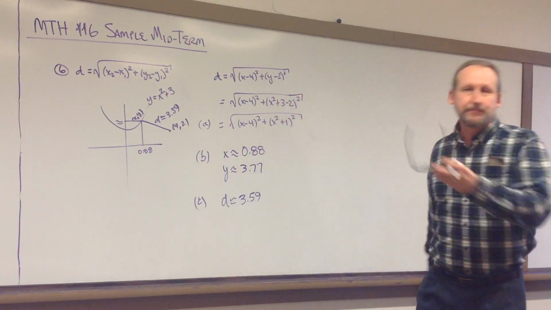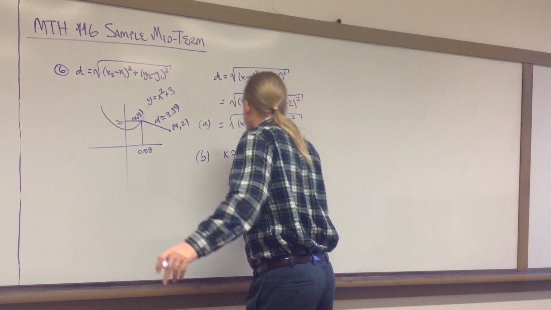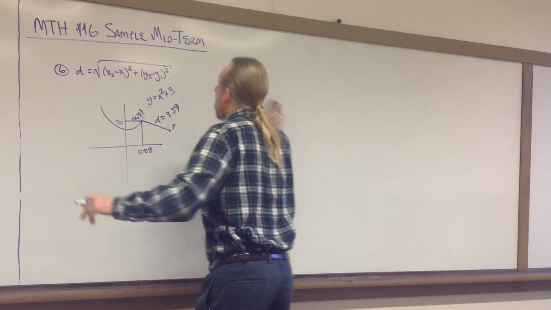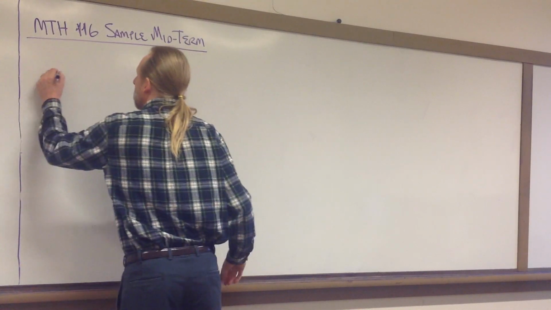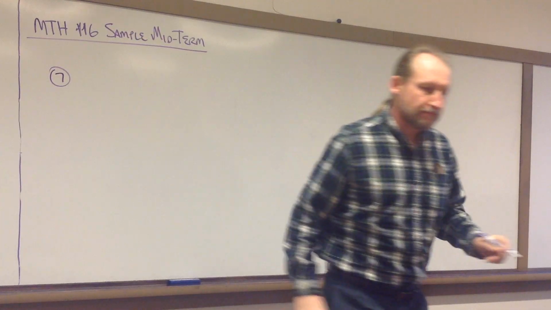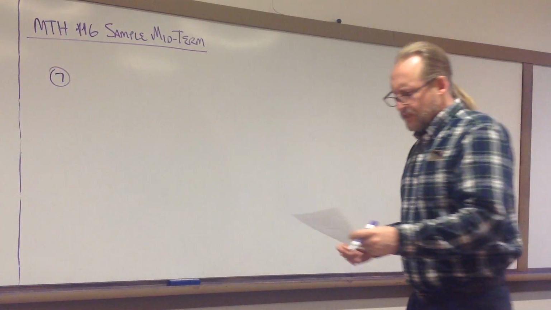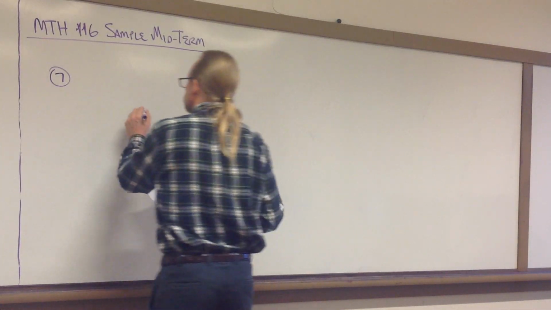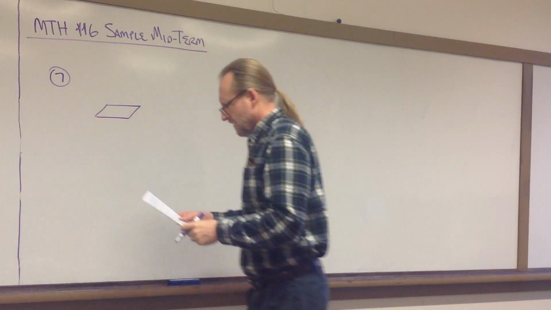I'm going to erase this because it's on the video. You can just back it up if you need to see it. Okay, problem 7. A storage container, rectangular base. All right, so this is not a square base, it's a rectangular base.